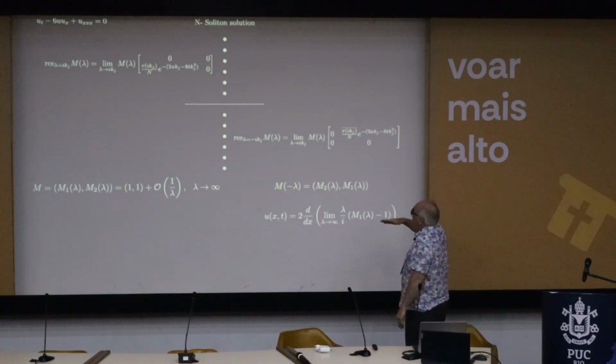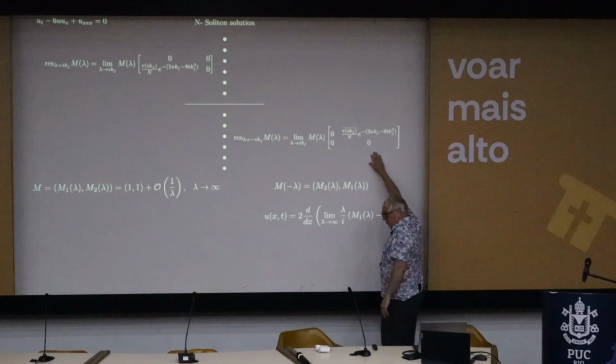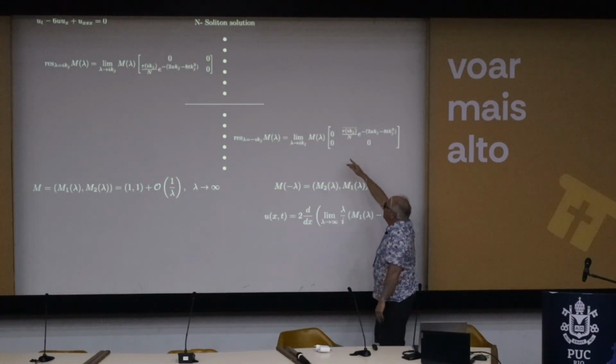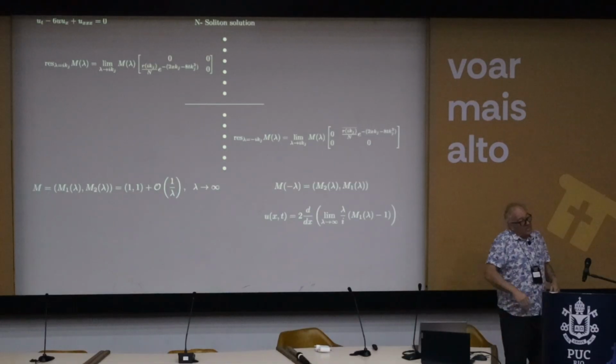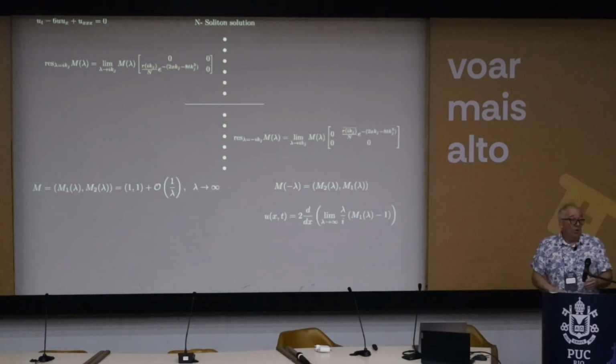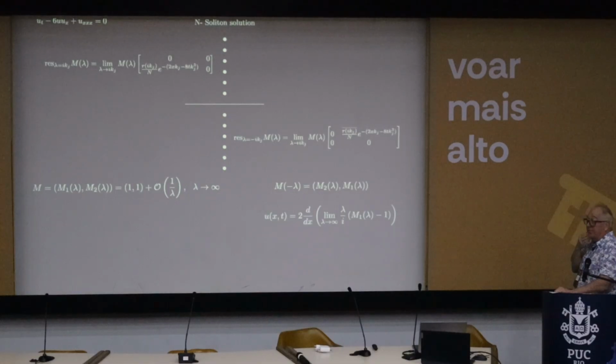In the lower half plane, this strange-looking formula is characterizing the residues in the second entry, m2, in terms of the values of the first entry. It's actually a system of linear equations which you can solve for the residues.